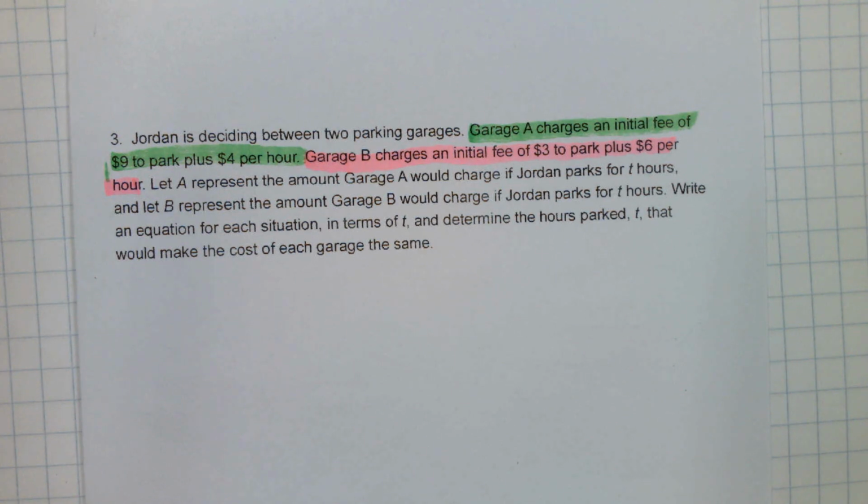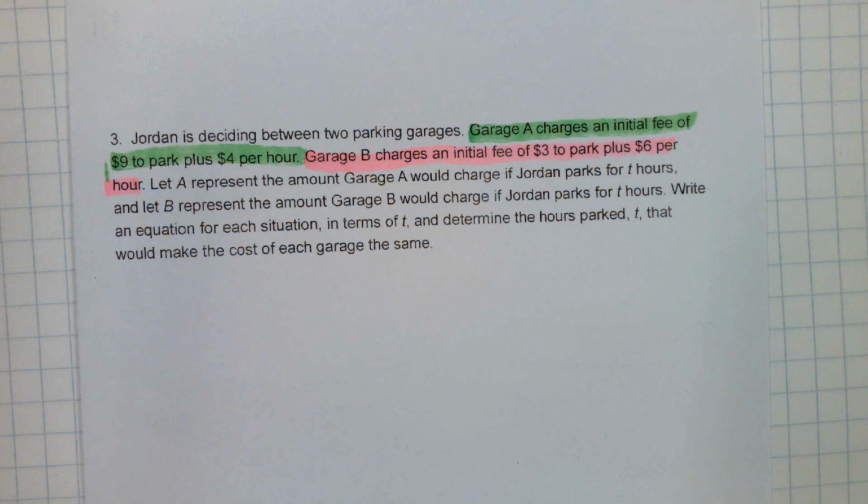Let B represent the amount garage B would charge if Jordan parks for T hours. So this is telling me we're going to call A and B what the costs are for parking in each garage and the equations we're going to make. And we're going to use the variable T for the amount of hours.